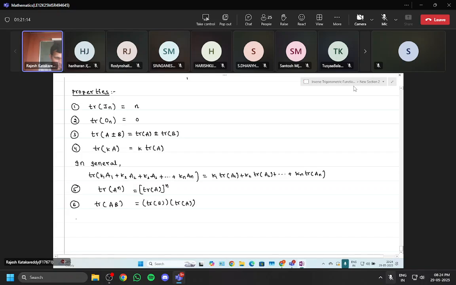In general, if you have n matrices, trace of A1 A2 A3 and so on going till An is not equal to trace of An into trace of An minus 1 and so on, trace A1.